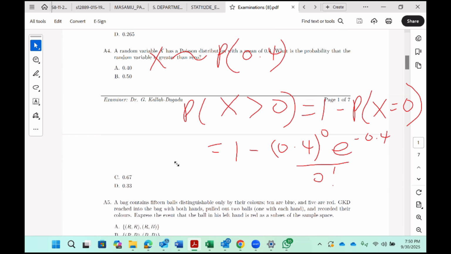So we have A to be 0.40, B 0.50, C 0.67, D 0.33. Okay, the first answer has come. Any other?